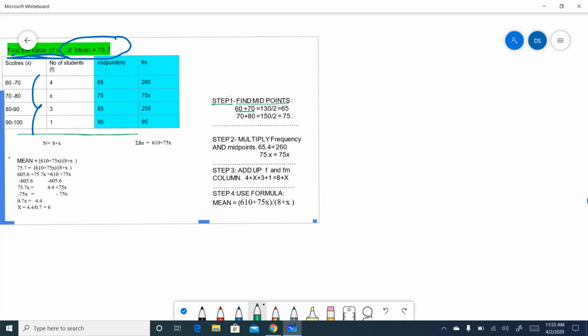We could count 60, 61, 62, 63, 64, 65, and 66, 67, 68, 69, and 70. The middle number between 60 and 70 is this one.